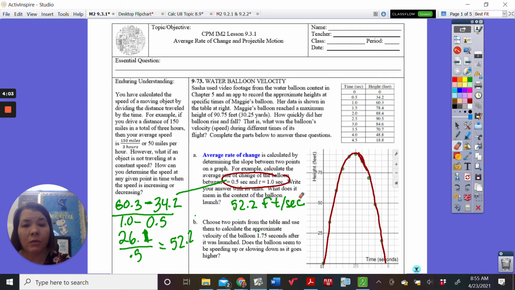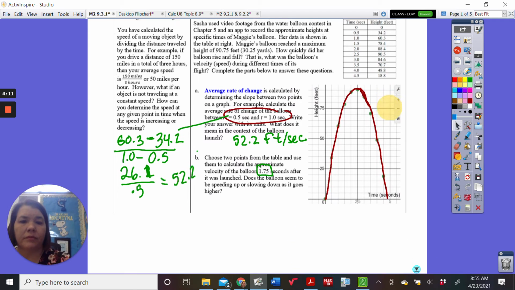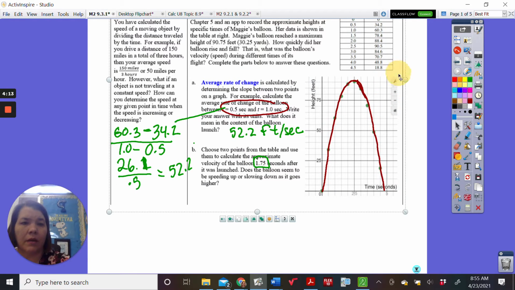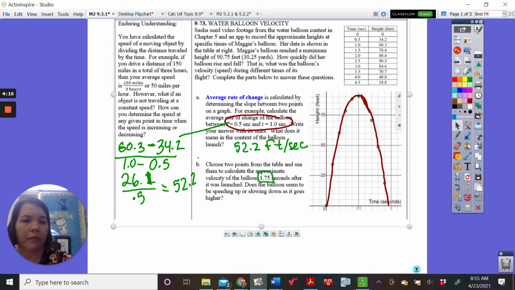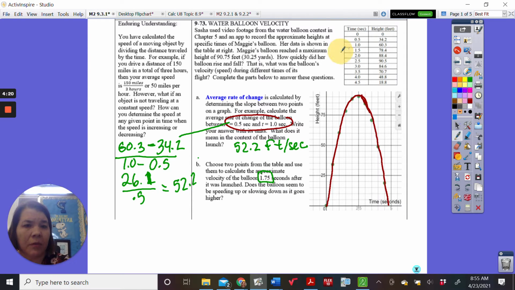So if we want to do 1.75, I'm going to give myself some more space. I'm going to be doing these 2 points here, around 1.75.